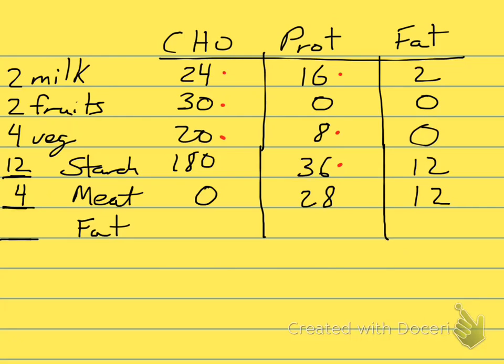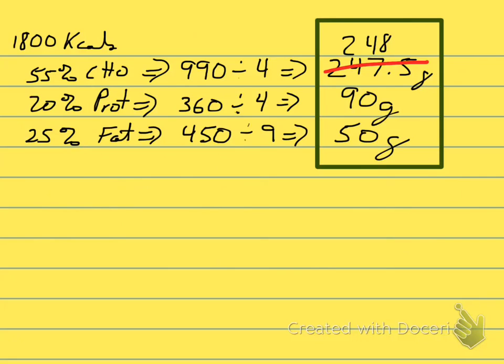So now we need to determine our fat exchanges. And again, we have 12, 12, and 2. That is 26 grams of fat. And as a reminder, our target for fat was 50 grams.